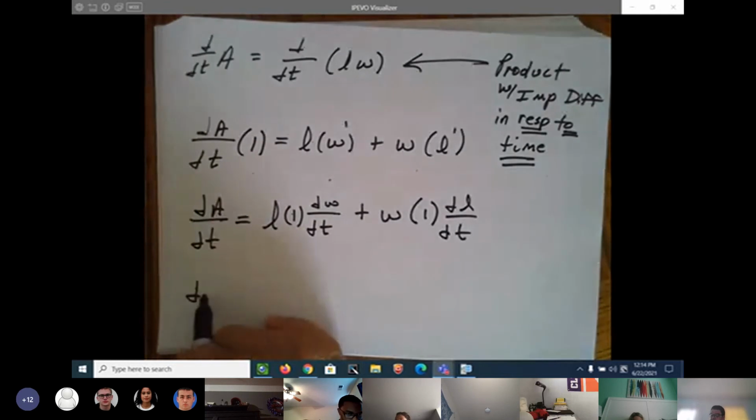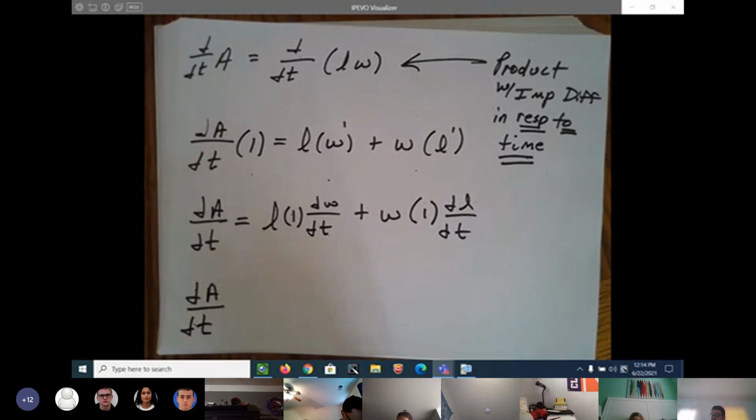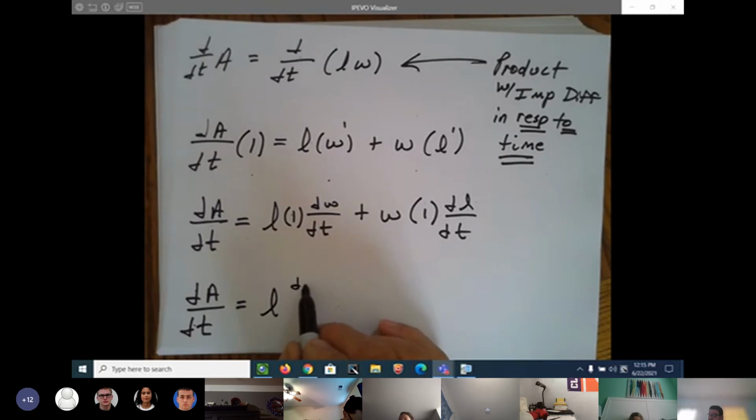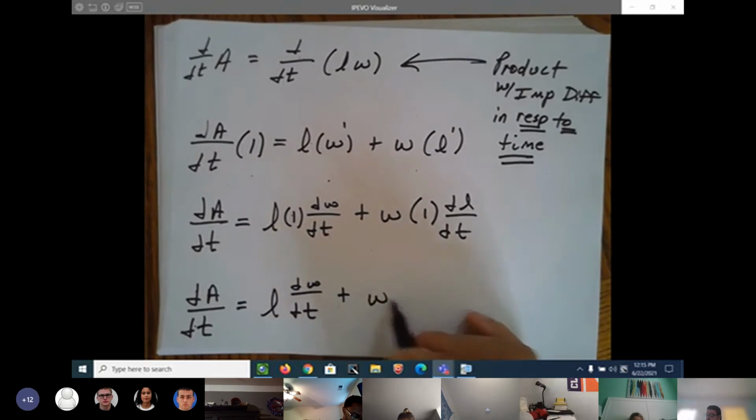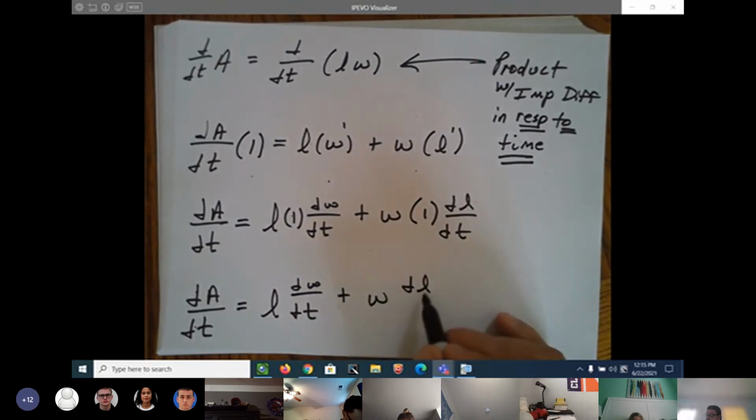So your final derivative is dA/dt, which is the rate of change of the area, equal to L times the rate of change of the width plus W times the rate of change of the length.